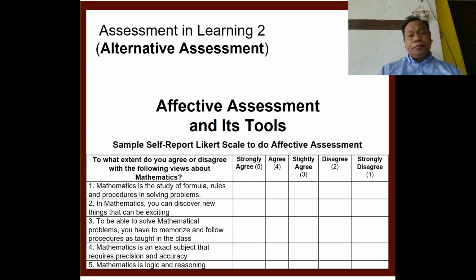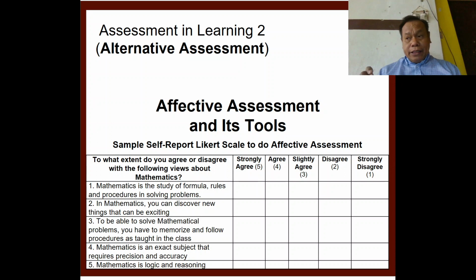So students, according to their own perception, can just take 1. For example, 2. In mathematics, you can discover new things that can be exciting. Okay? To be able to solve mathematical problems, you have to memorize and follow procedures as taught in the class.